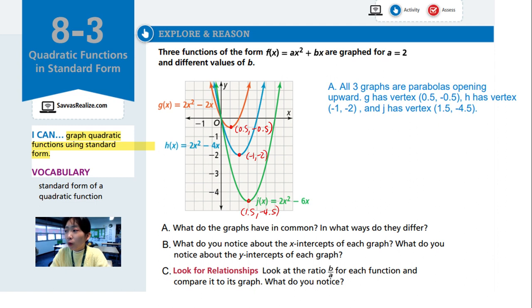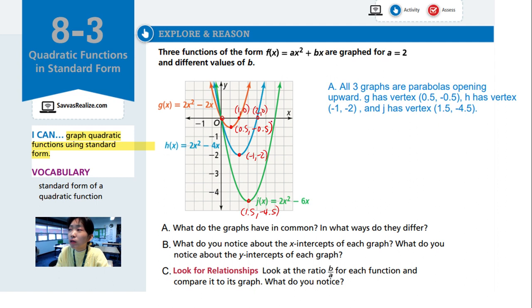Part B. What do you notice about the x-intercepts of each graph? What do you notice about the y-intercepts of each graph? If you look at the x-intercepts, the x-intercepts of G are 0, 0 and 1, 0. The blue graph still has 0, 0, but it also has 2, 0.